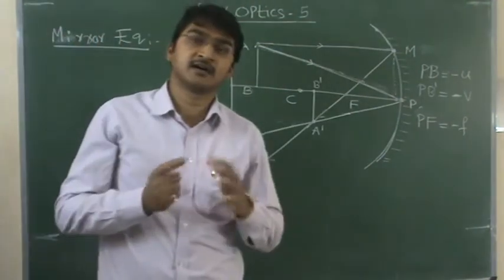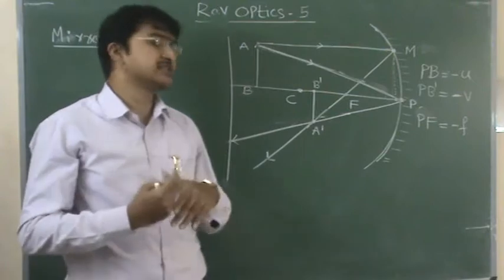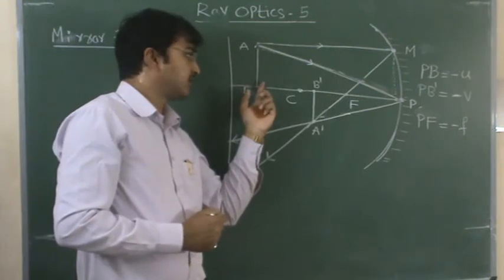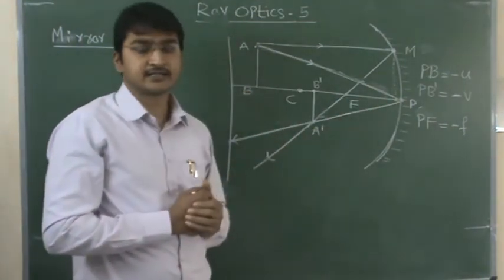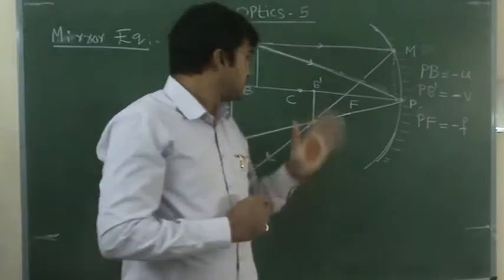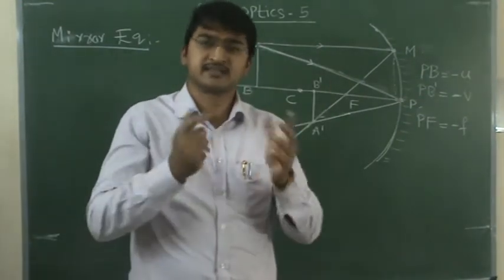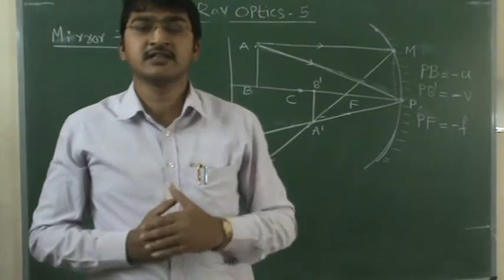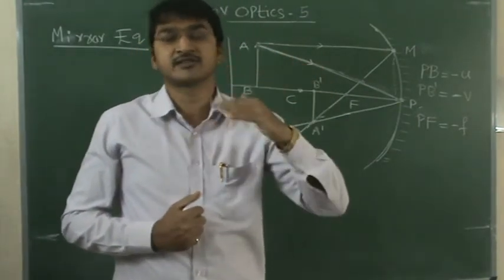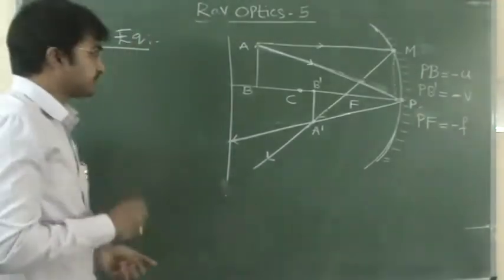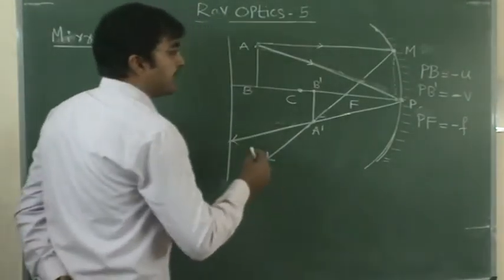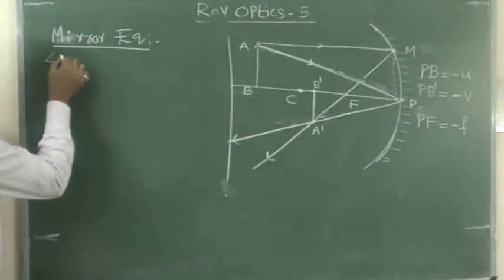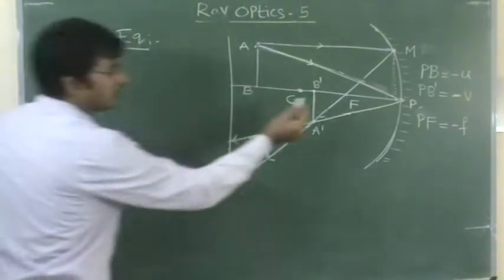When the triangles are similar, any two angles are the same. Here you see 90 degrees for this downward triangle. If two angles of a triangle are the same, then we can say they are similar triangles. By choosing similar triangles, we derive some relations. First, I am taking one triangle, ABP. The angle APB is theta.